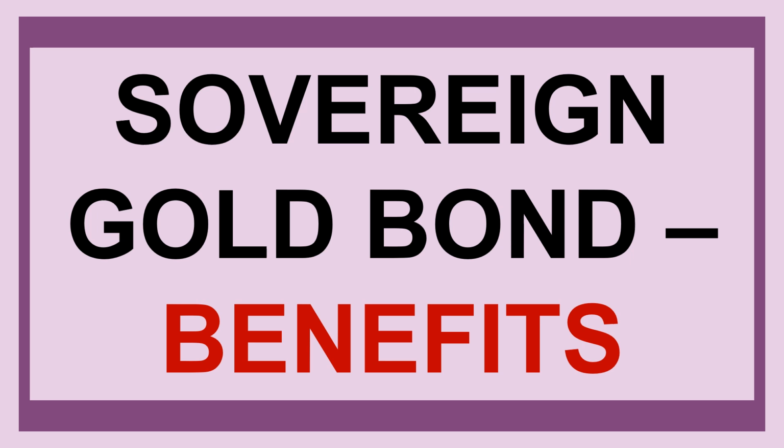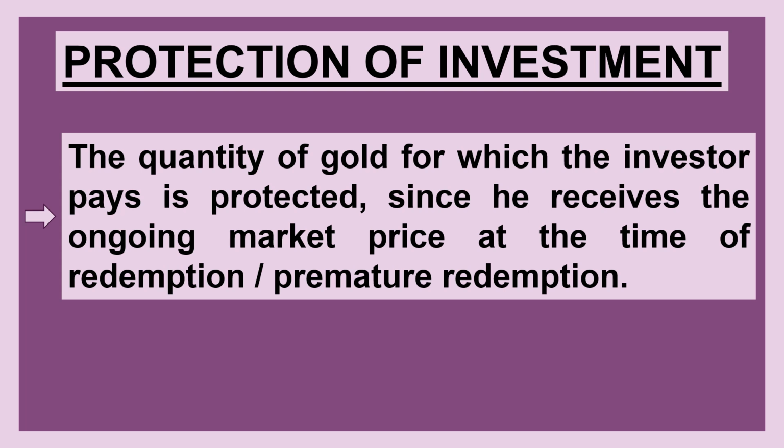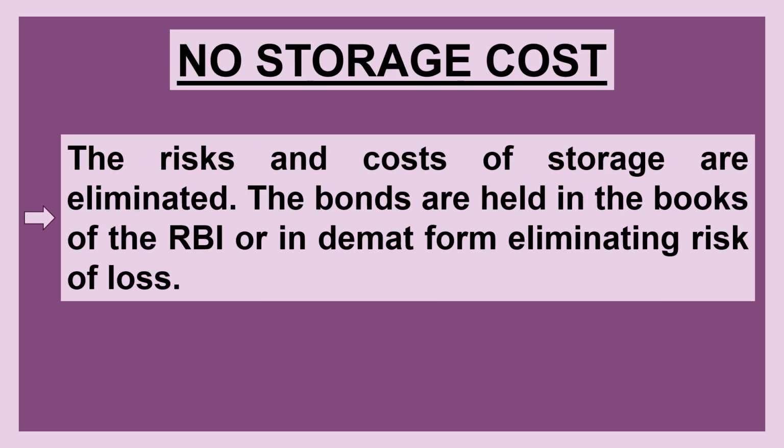Sovereign gold bond benefits. Protection of investment. The quantity of gold for which the investor pays is protected since he receives the ongoing market price at the time of redemption or premature redemption. No storage cost.